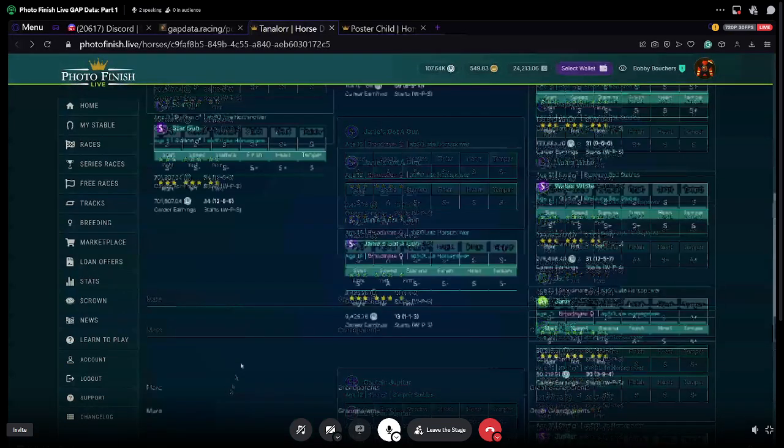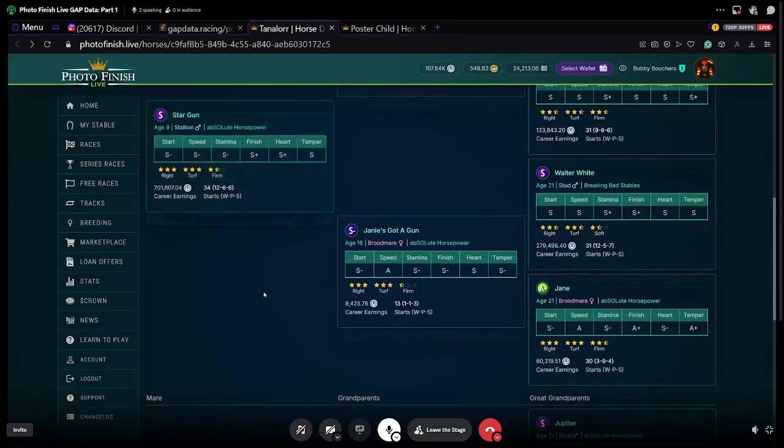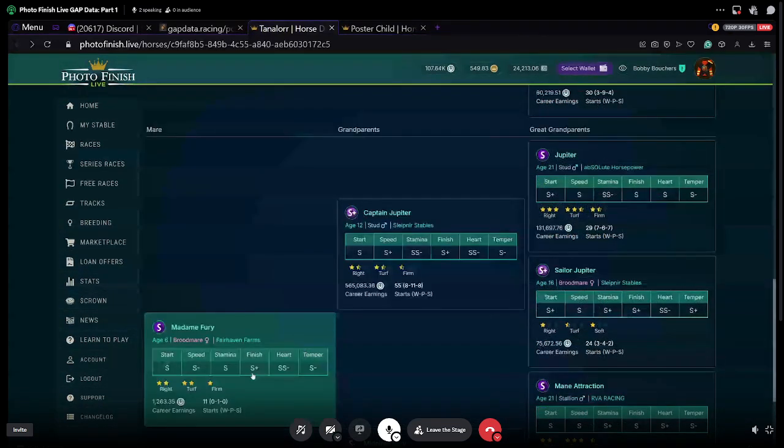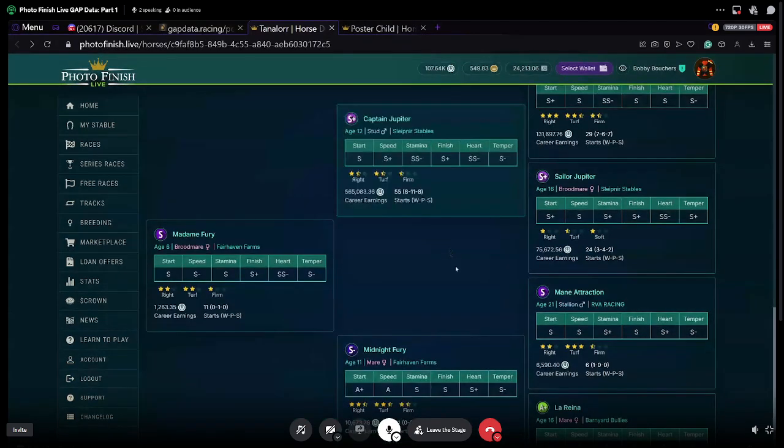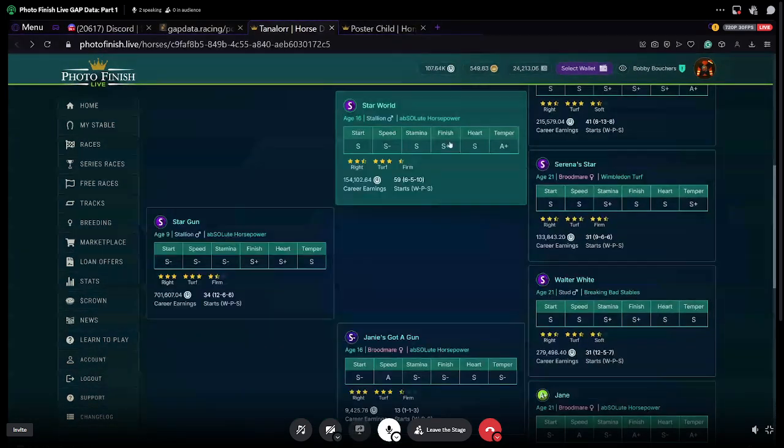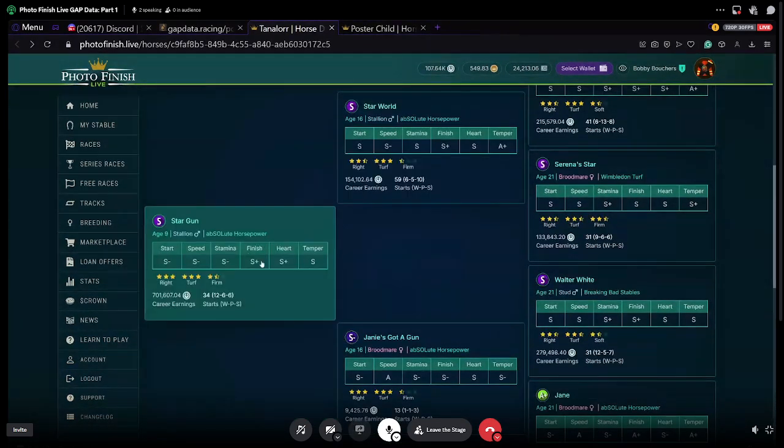You have an S plus in finish and an S plus in finish, so most likely this horse has an S plus finish. It might even have an SS minus finish. This is a really good stat for this horse.